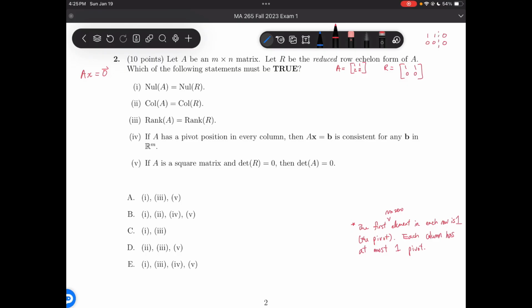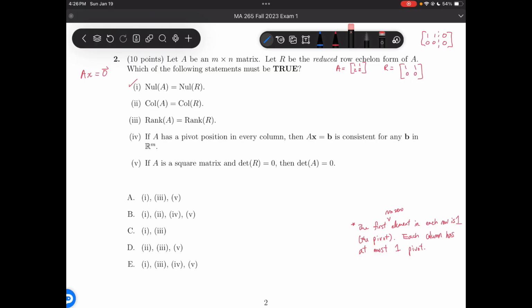So in this case, we would solve this augmented matrix here to determine the null space of A. And the key here is to recognize that since R is already in the reduced row echelon form, we actually end up solving the same augmented matrix ultimately, meaning that the null space for A and the null space for R would be the same. So statement 1 is true.